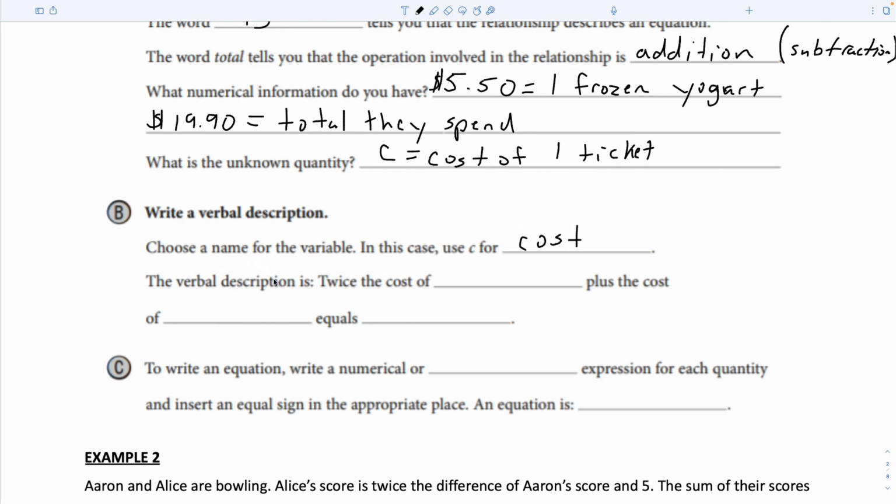The verbal description would be twice the cost of 1 ticket plus the cost of 1 frozen yogurt would equal $19.90.